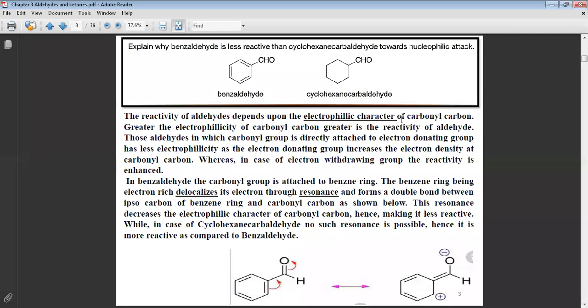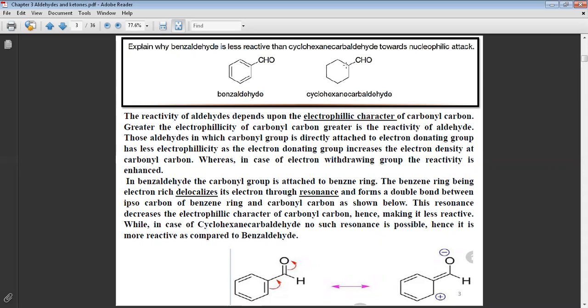That means he focuses on the electrophilic, the partially positive charge. And he says, the greater the electrophilicity of the carbonyl carbon, the greater the reactivity of the aldehyde. That means more positive charge, more reactive aldehyde. Here is the meaning.